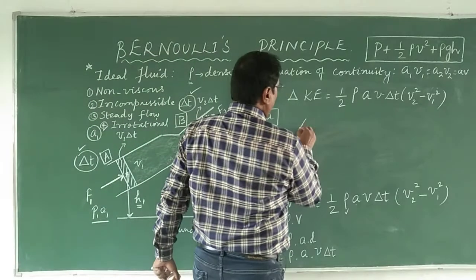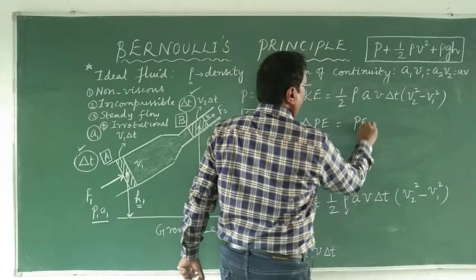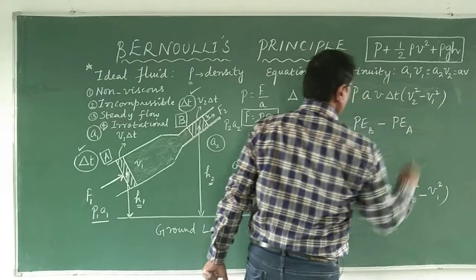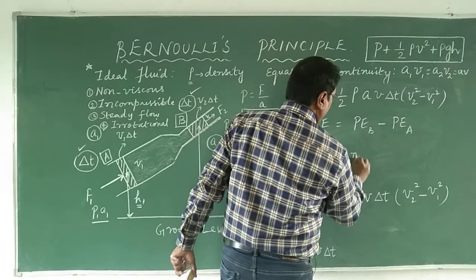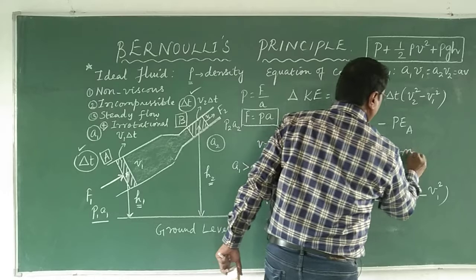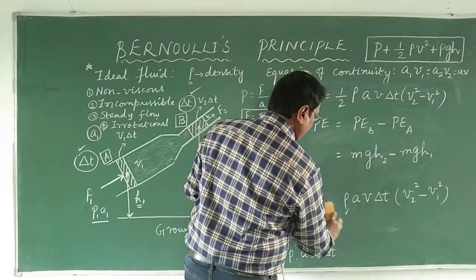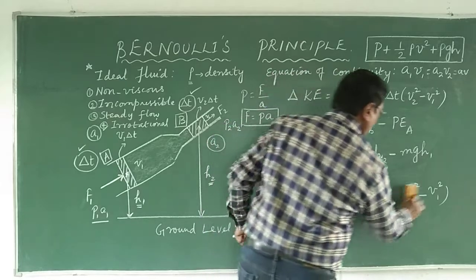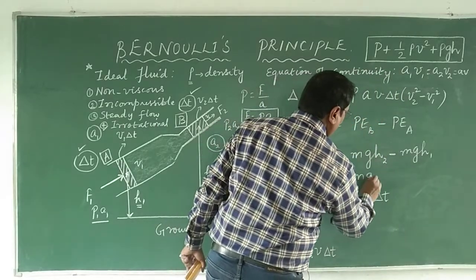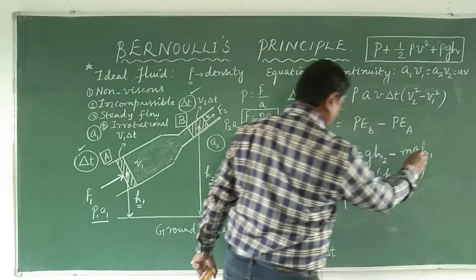So I will say change in potential energy is equal to potential energy at the point B minus potential energy at the point A. That is equal to mgh2 minus mgh1. So that is equal to mg is common, h2 minus h1 is the difference.